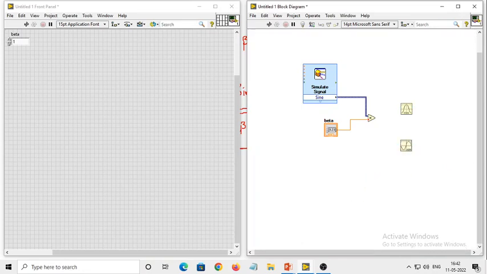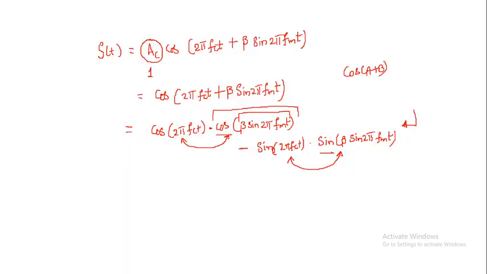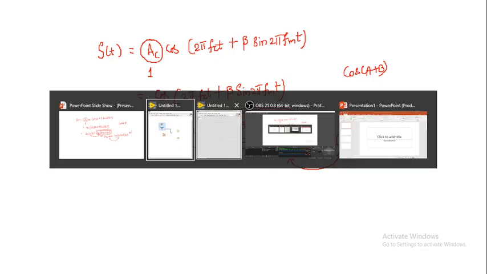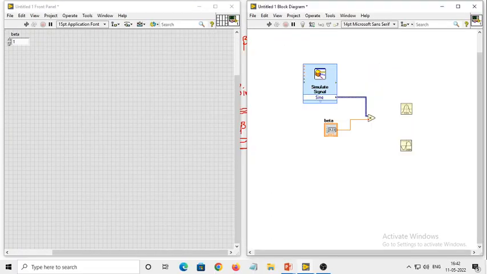So these two blocks are used because we need to build something like this. So we need to build this part, cos of beta sine 2 pi fmt, where you will be giving your beta sine 2 pi fmt as an angle to this cosine or sine block. So to give this as an angle to this cosine or sine block, you need to use these different blocks called cos and sine blocks.